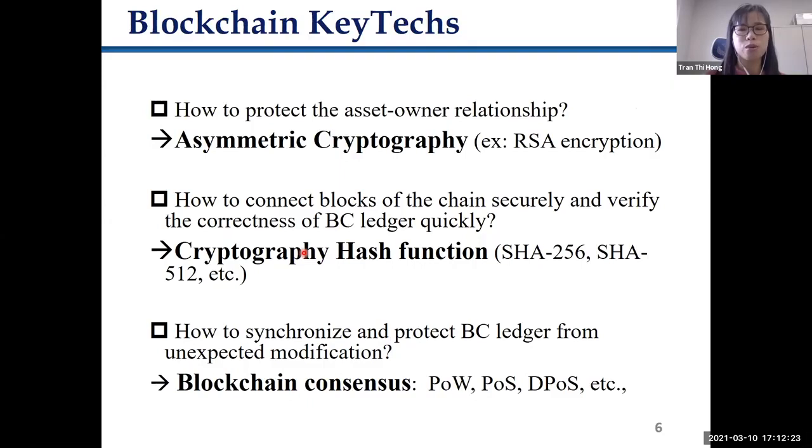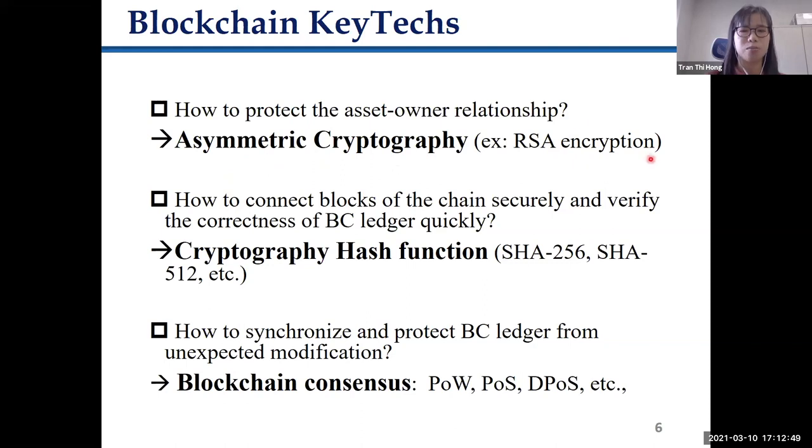How do you prove to other people that that's your coin, that's your data, and not someone else's? How can only you have the permission to access and use this data, and not others? So in the blockchain, to protect this kind of ownership relationship, we use asymmetric cryptography, such as RSA encryption.